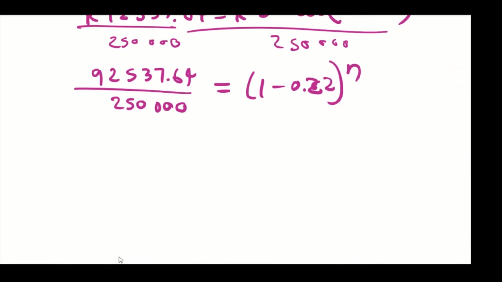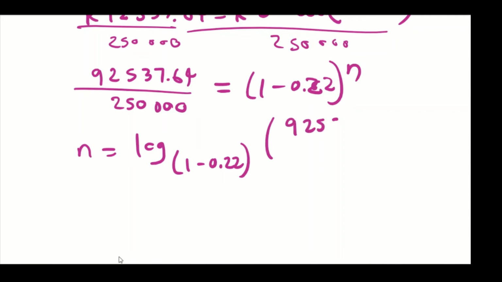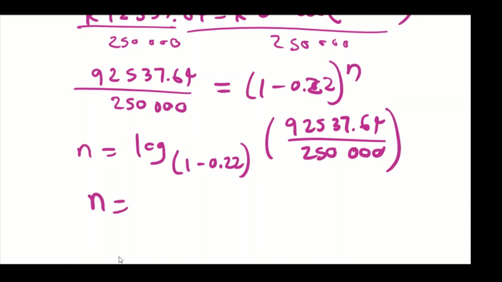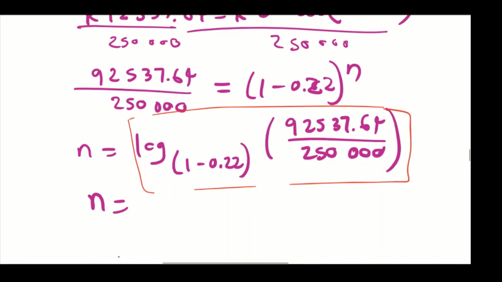So we can say n is equal to log to the base of 1 minus 0.22 of 92537.64 divided by 250,000, right? So then you punch this into your calculator. What are you getting? Let me know. But the answer is 4 years.